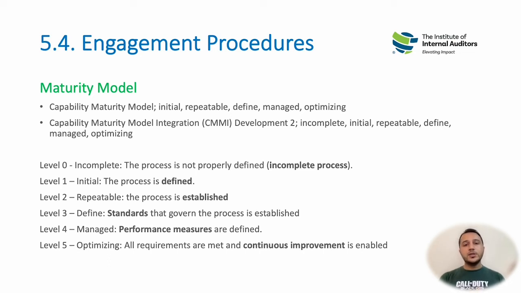These are the steps that we can apply generically to any kind of process and see to what level that process falls, and accordingly we can apply our audit procedures, because if it is more mature, then there will be more strong controls.